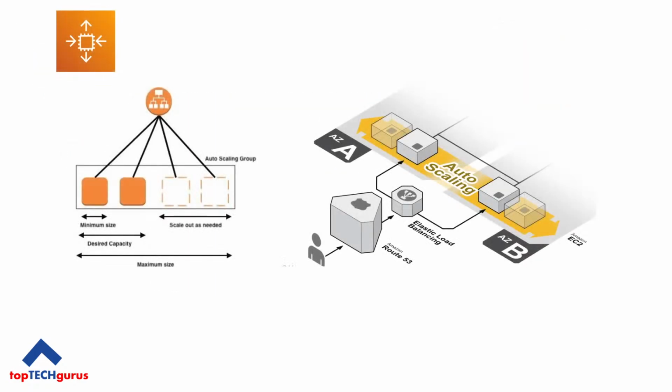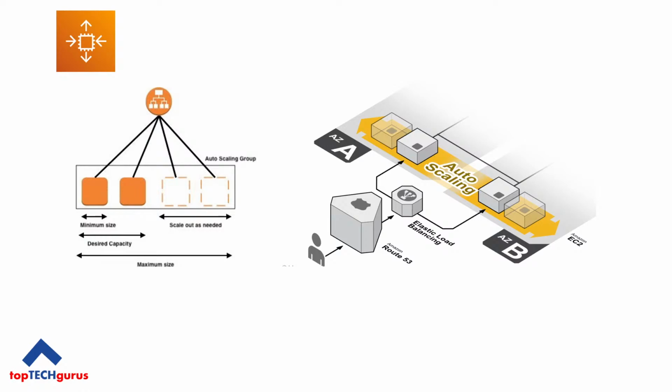Auto scaling is where, when you have an EC2 instance and say it's running at 30% capacity, that means that one instance is enough to supply all the load.